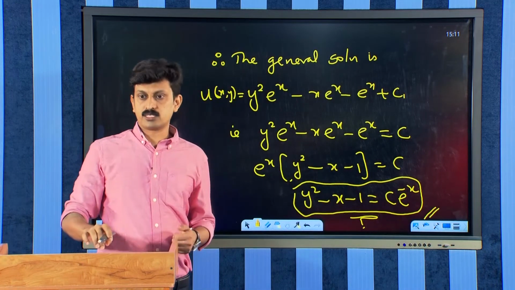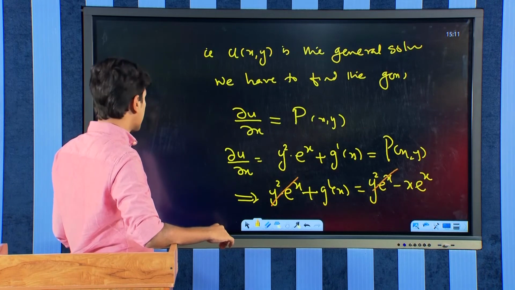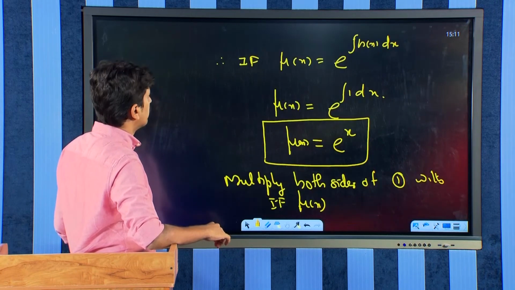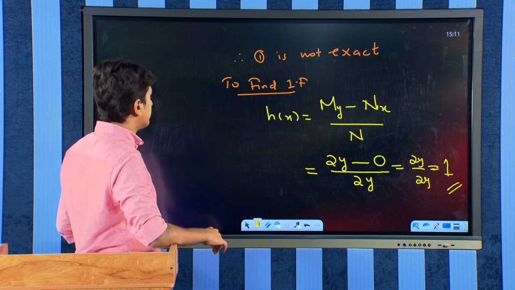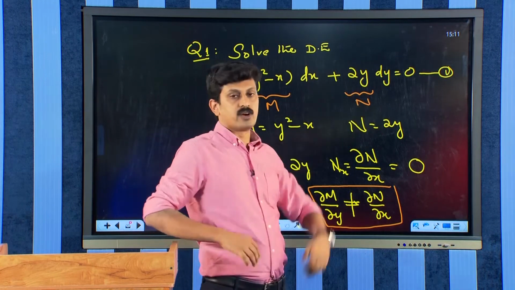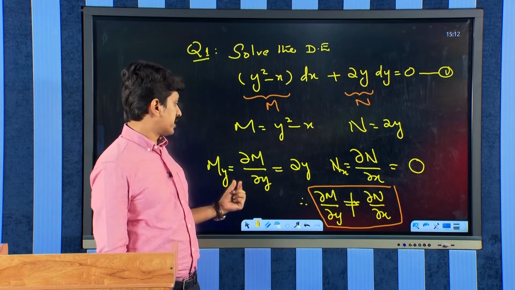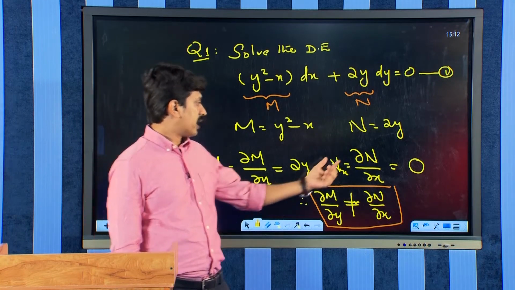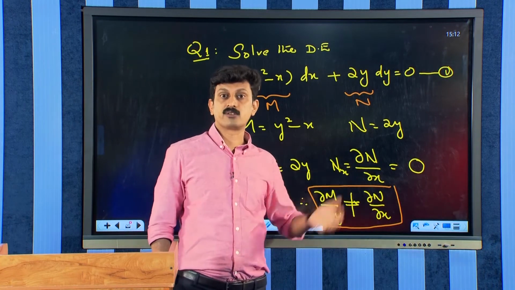See my dear students, what we have done here is that the differential equation is of the form M dx plus N dy. While evaluating, dou M by dou y is equal to 2y and dou N by dou x is equal to 0.